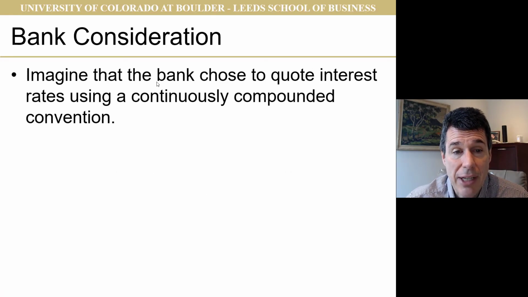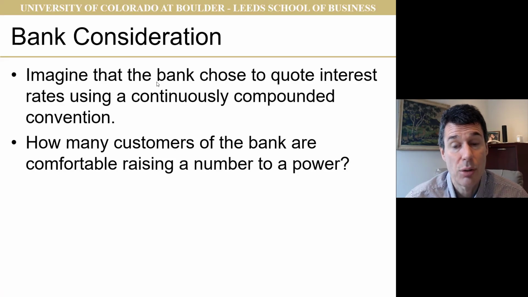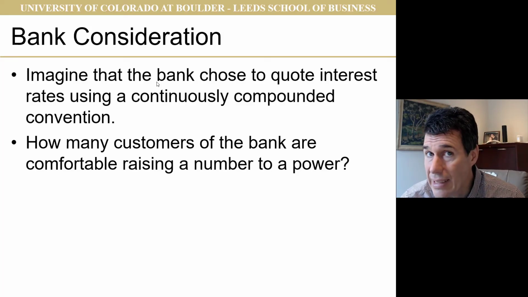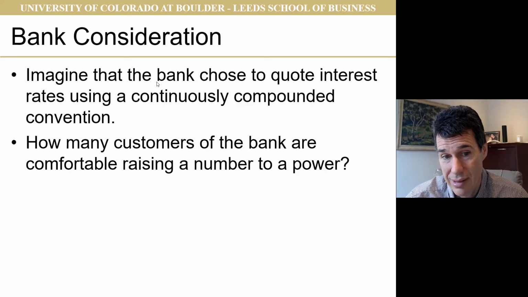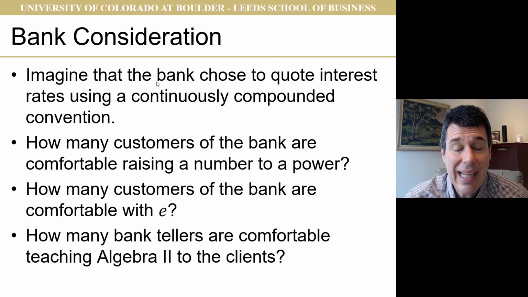Now, imagine the bank chose to quote interest rates using continuously compounded. Okay, first off, how many customers of the bank are comfortable raising a number to a power? Right? E to the RT. Second, how many customers of the bank are comfortable with E? How many people in this class are comfortable with E? And how many bank tellers are comfortable teaching Algebra 2 to their clients? Right?